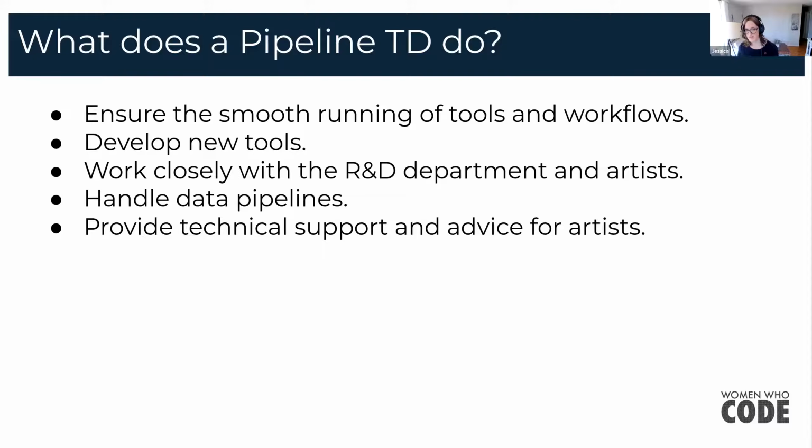Something we obviously do a lot is handle the data pipeline. Doing VFX and animation produces a lot of data. We're talking about terabytes and terabytes of data. We need to ensure that everything flows nicely, and we can keep track of all of it.